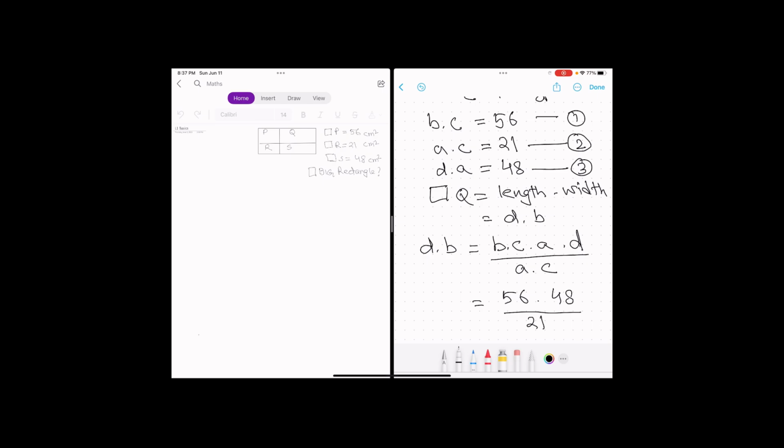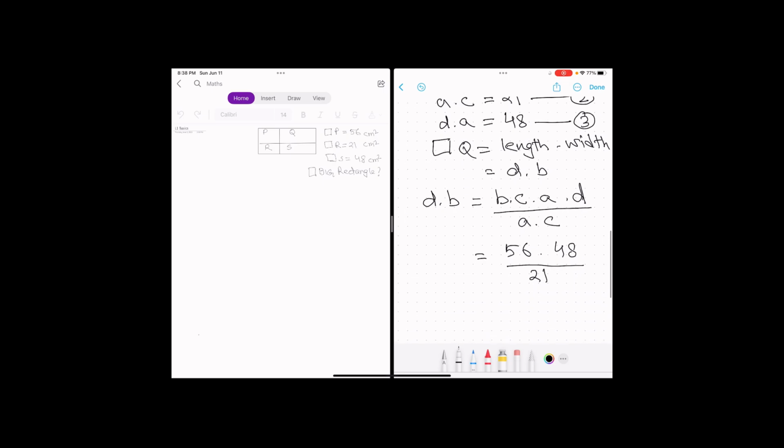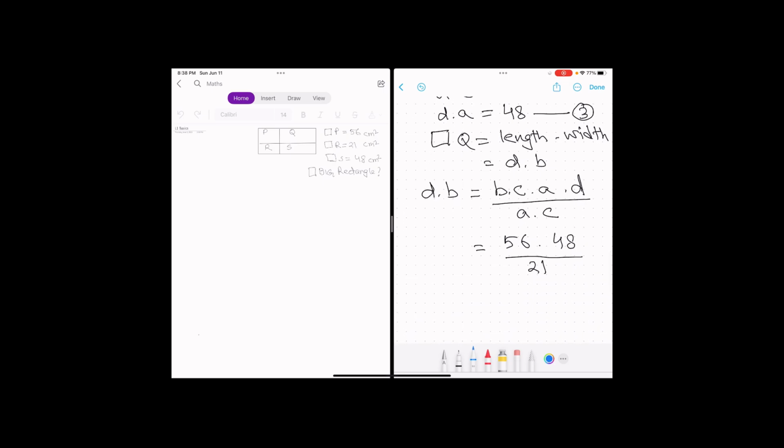And if I simplify this, we have a factor of 7, we have a factor of 7 again, and then we have a factor of 3, giving 16. So the answer of D into B is 8 into 16, which is equal to 128.